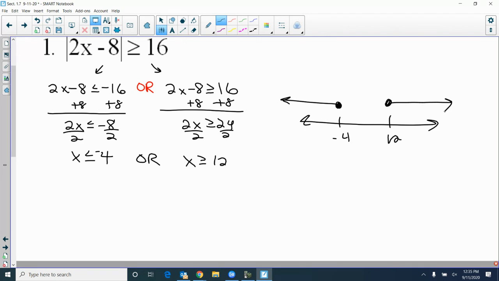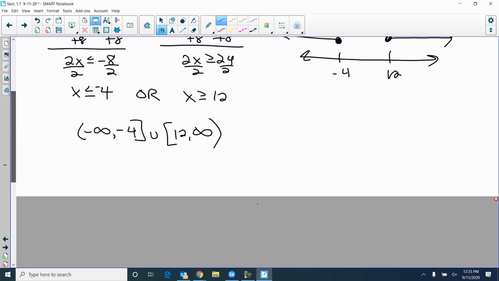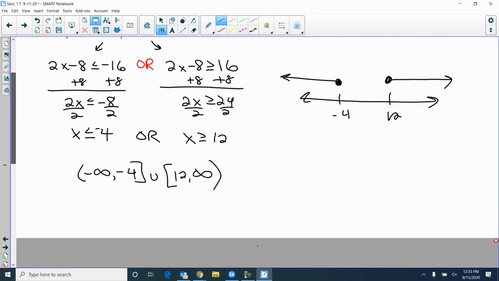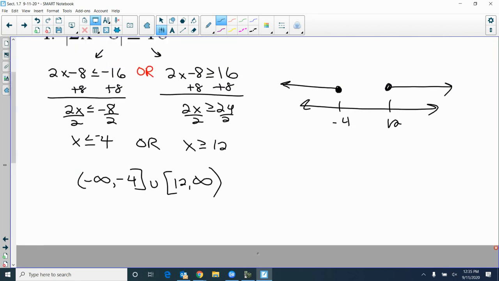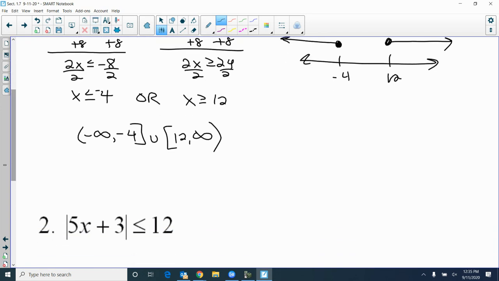So you're going to write your answer from -infinity to -4, bracket, union, 12 to infinity. So that's typically how your answer is going to look for one of those. We're typically going to go opposite directions for absolute values. You just have to make sure that you are careful in how you write that answer. All right, let's take a look at this second one.